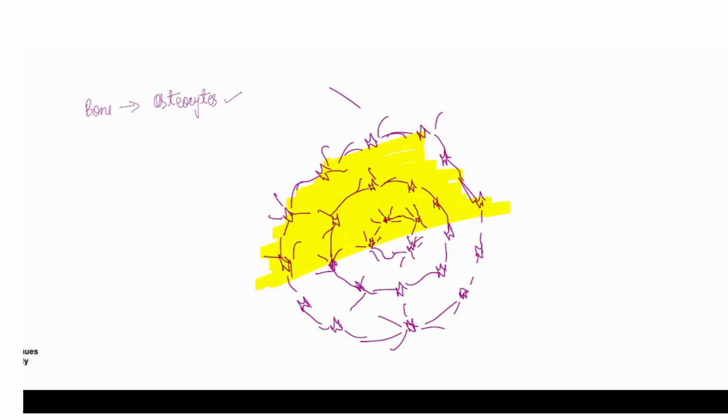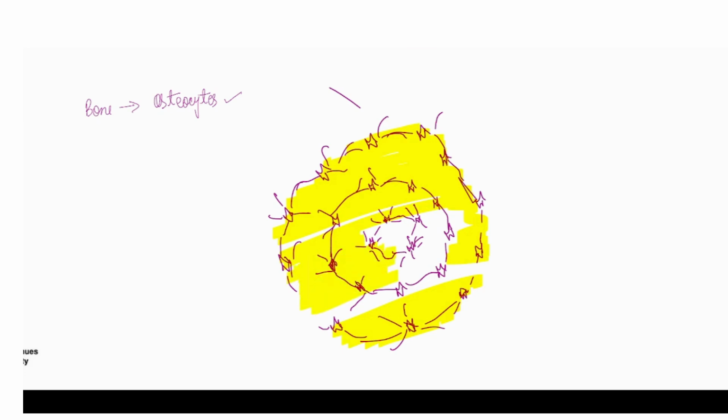In this matrix these cells are embedded, and because of the arrangement of these cells there would be a circular pattern, like this.